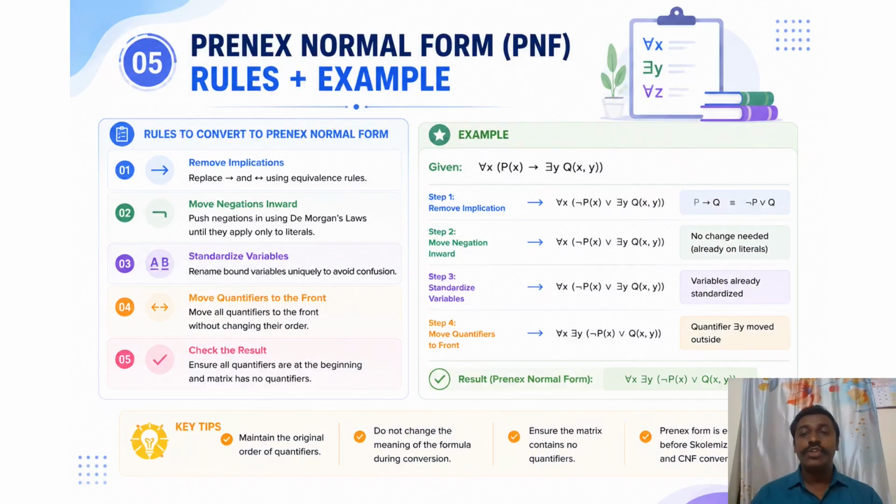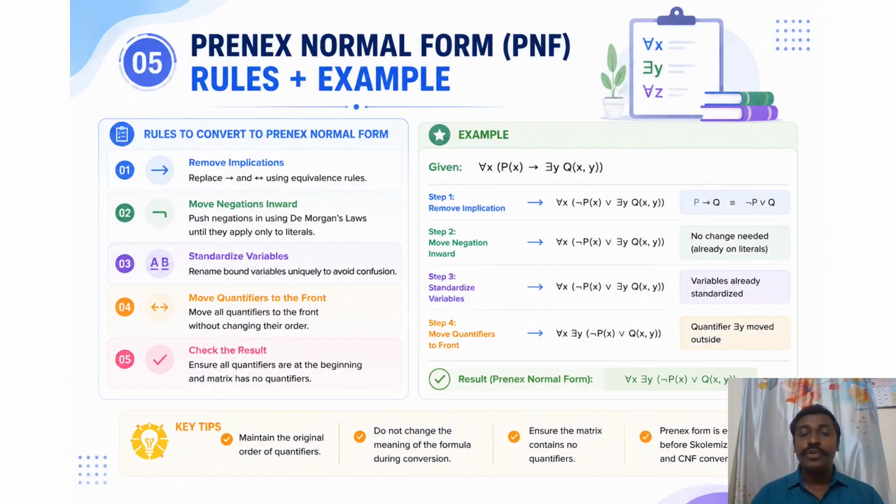Here there is no change needed because the negation is already in front of the literals only. We have to standardize the variables. Already the variables are x and y only, so we need not standardize them.